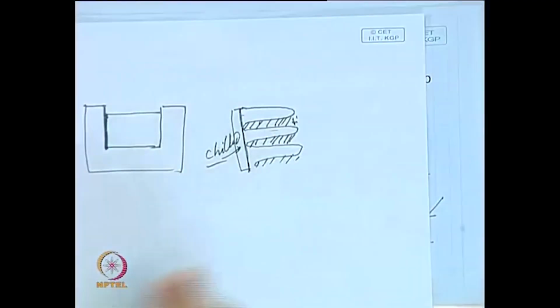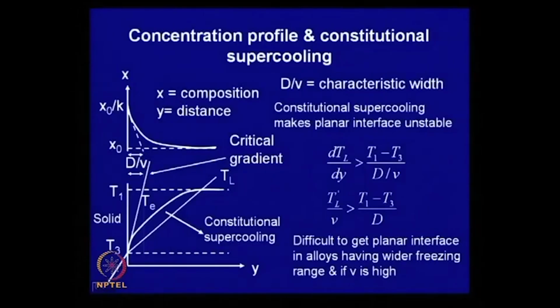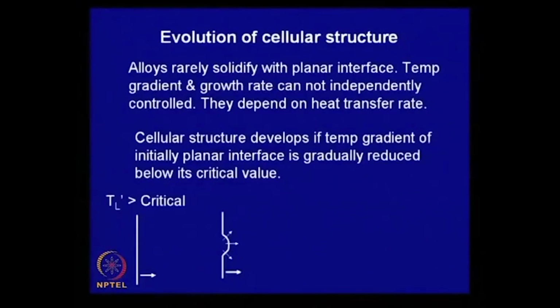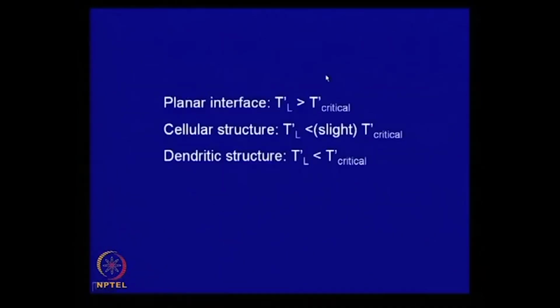So, that means we have made a lot of assumptions, and based on that we have tried to understand how the solutes get distributed in the liquid during the process of solidification, and it results in structures which can be explained. The criterion for the type of structure that you get is, if you have a planar interface, in that case the gradient should be greater than the critical.